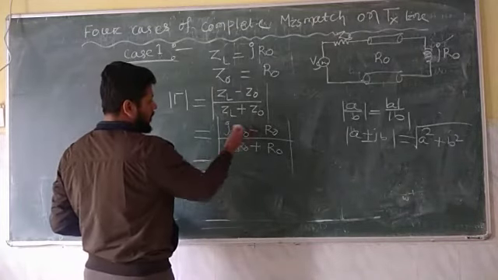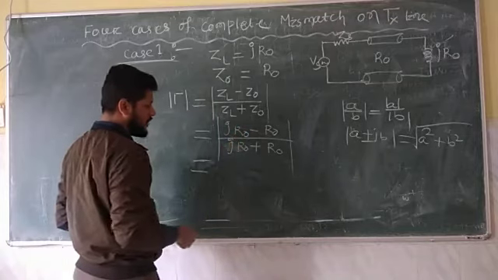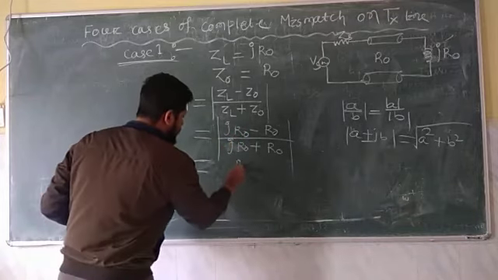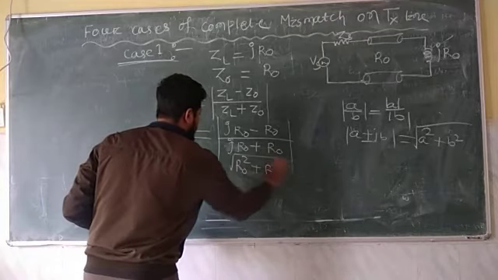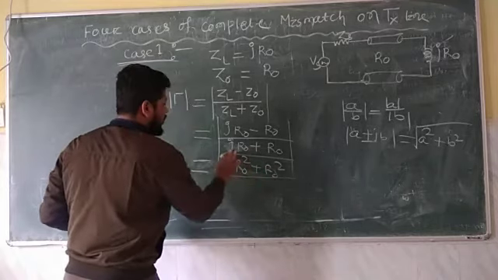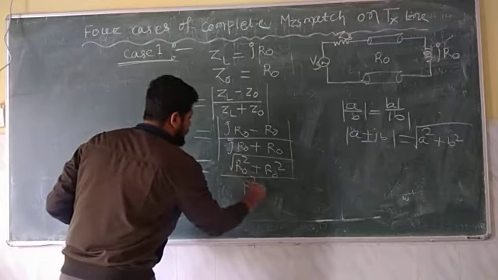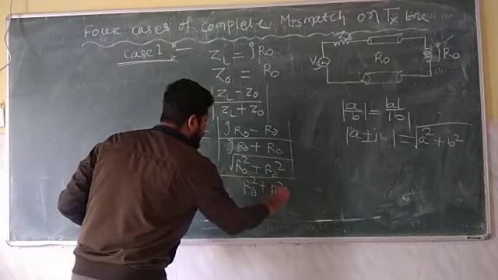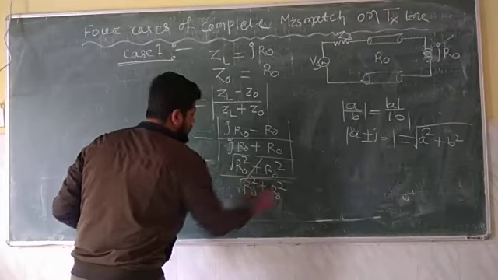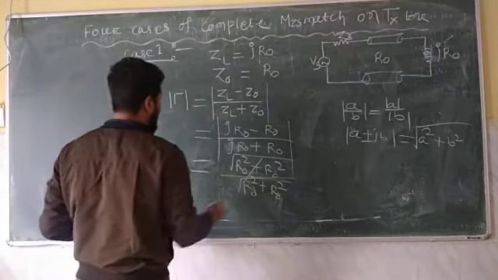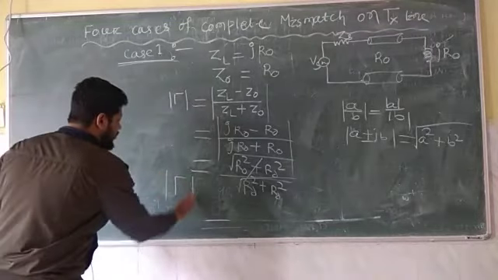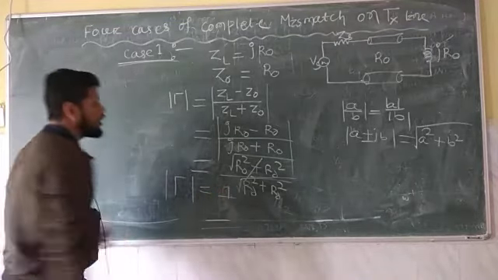The numerator is the square root of R0 square plus R0 square, divided by the denominator, which is also the square root of R0 square plus R0 square. So this is going to completely cancel out. That means what will be the value of the gamma magnitude? The gamma magnitude is equal to 1.